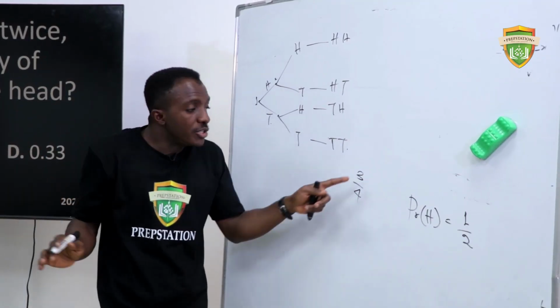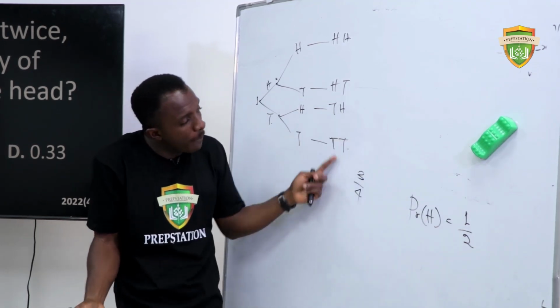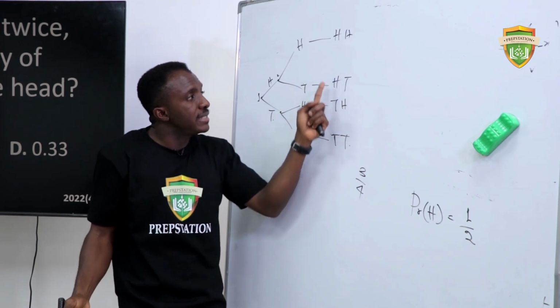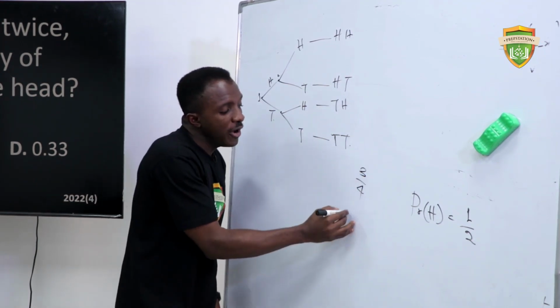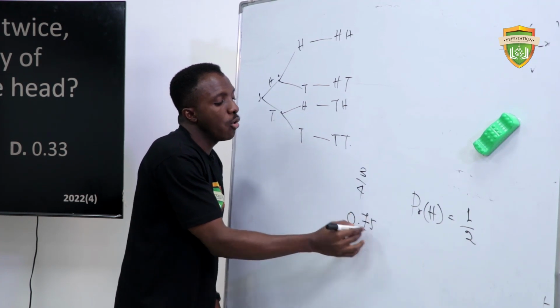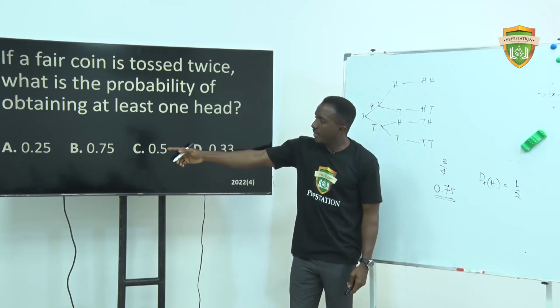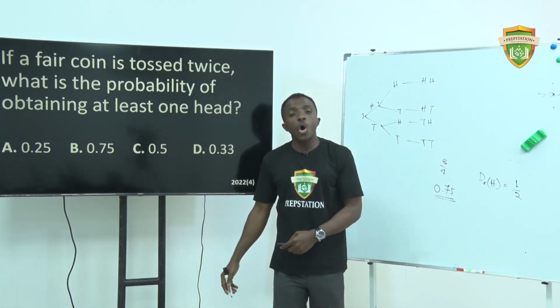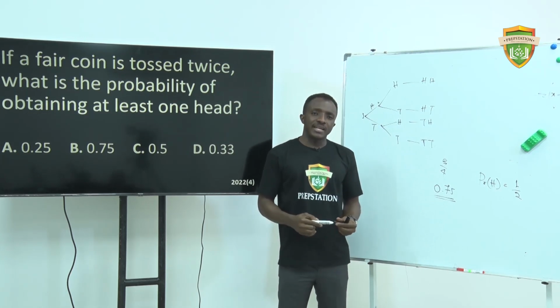Simple as that. Required outcome over possible outcome. There are 4 possible outcomes here. 3 over 4 in decimal is 0.75. So that answer is option C.